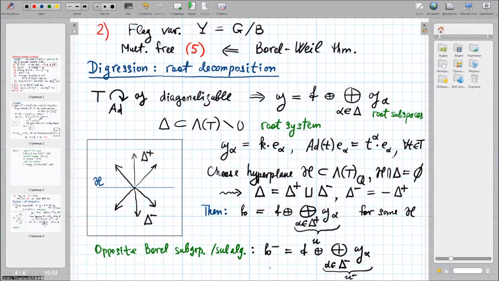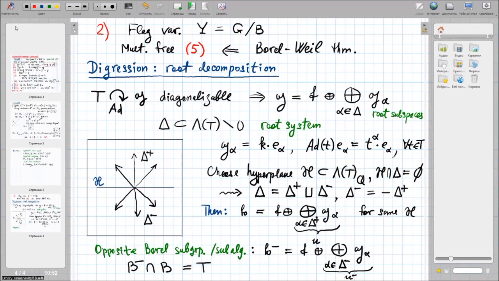As for the respective Borel subgroup, big B minus, it has the following property. Its intersection with B equals T. It is visible on the level of the Lie algebras.